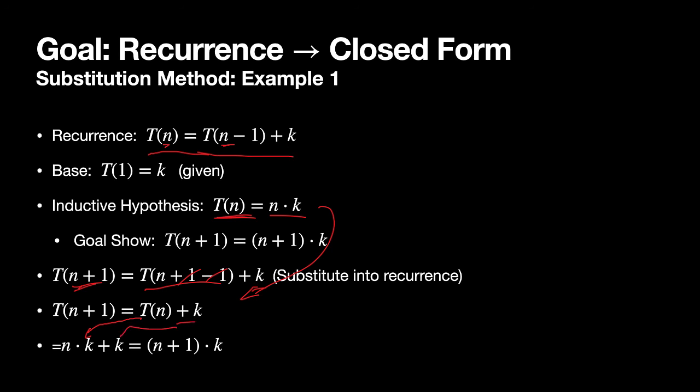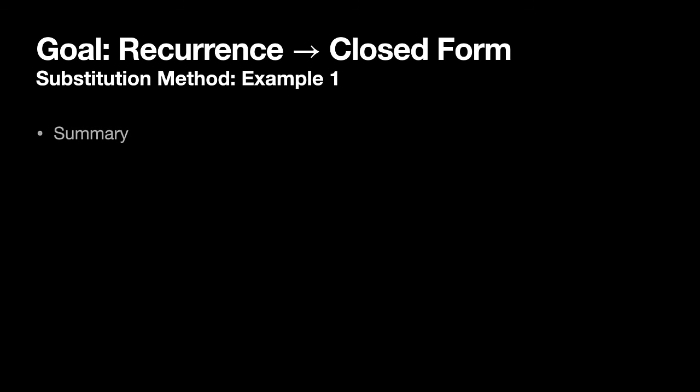And then we're adding the k onto it. Simplifying that down, it's n plus 1 times k, which is exactly what we were trying to prove. Therefore, it's been shown. Okay, so just as a quick summary here, we've shown that the T of n for this particular problem has a closed form of just n times k, and we could think of that as being in the theta of n.